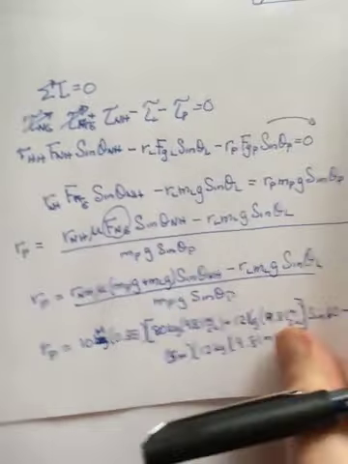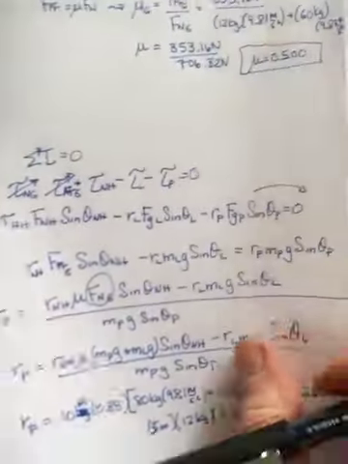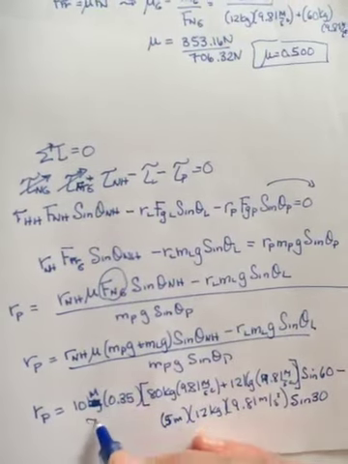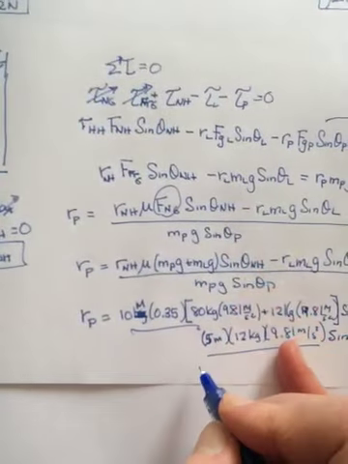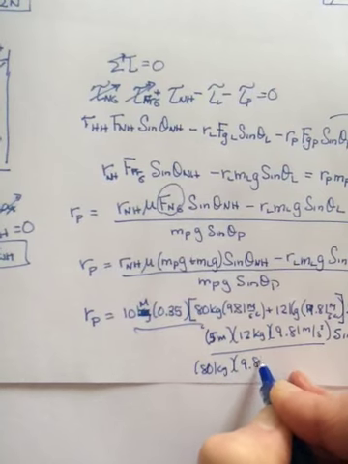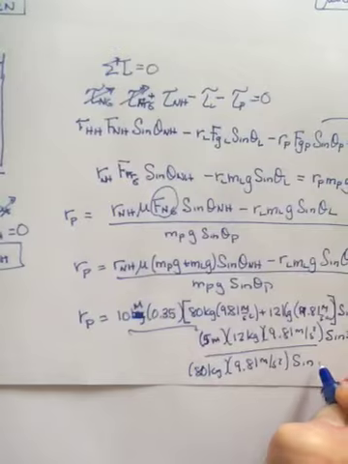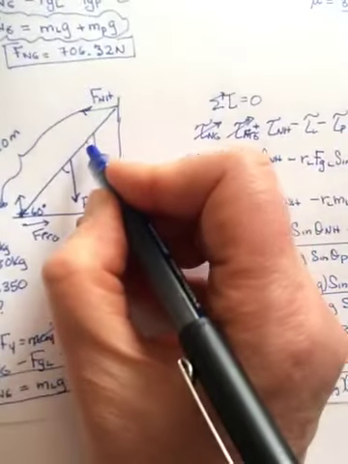Angle for the ladder, if we look back, so it should be 30. Sine of 30. And then all of this gets divided by mass of the person, 80 kilograms, times G, 9.81 meters per second squared, sine theta of the person, which will also be 30, right, because it's this one.